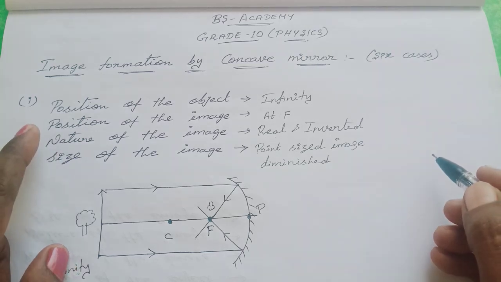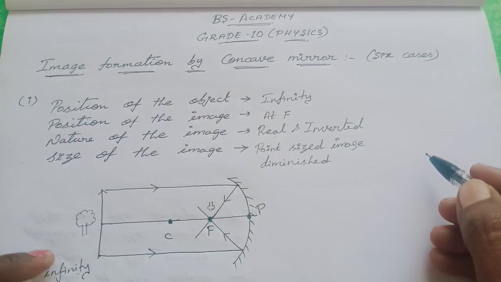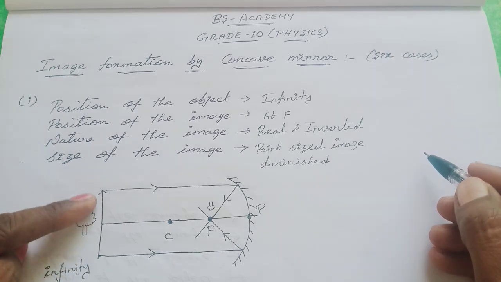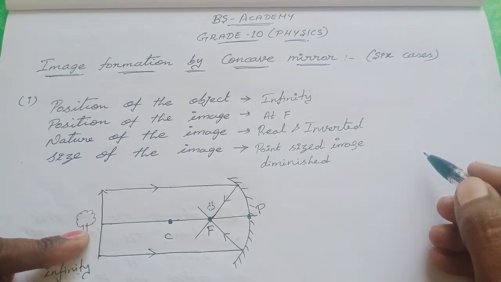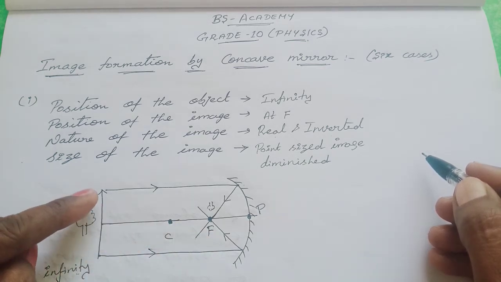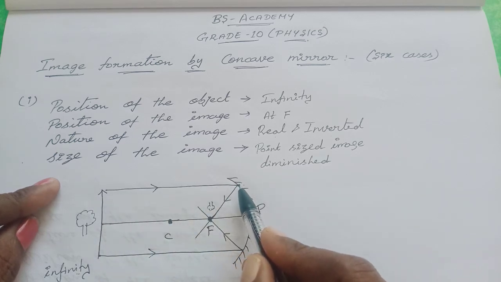Once again I am explaining to you. The position of the object is infinity. It means the object is placed at infinity. When the object is placed at infinity, where will the image be formed? That is the first case. The incident ray was falling on the concave mirror like this.